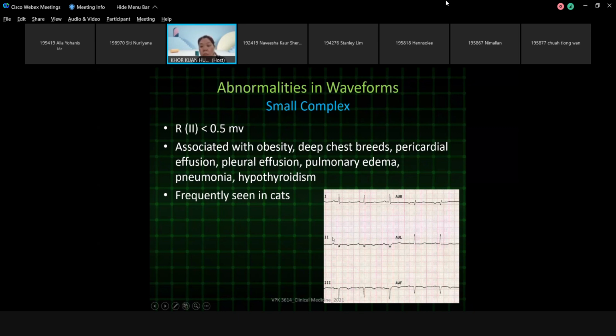But if you see this ECG trace and you say, Dr. Khor, my cat is dying, then I'll be telling you it's a cat, right? So it's normal. Whenever you get this ECG from a cat, this is normal, so you don't have to worry about it.